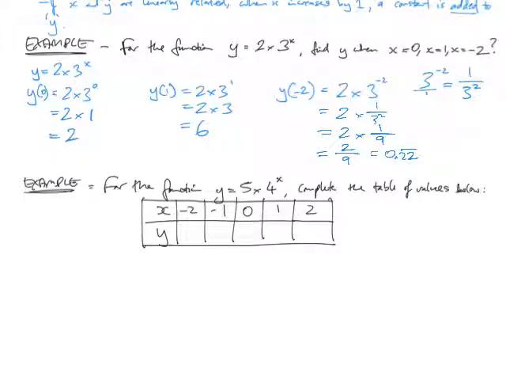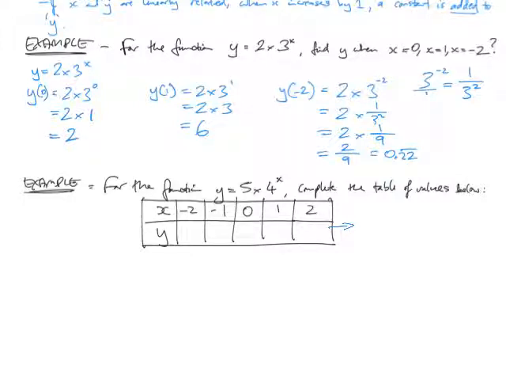Some of the other questions you might find are filling out a table of values below. I like this, where you're filling out the table of values below. It's like a multi-step process of just doing that. But the whole purpose of the table of values is to help set you up for drawing a graph. So I could do this here.